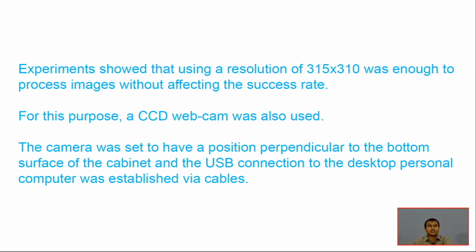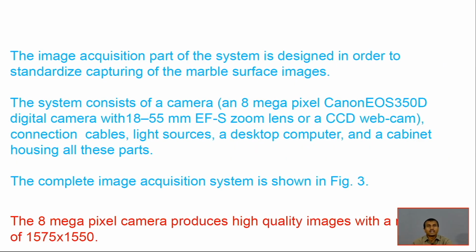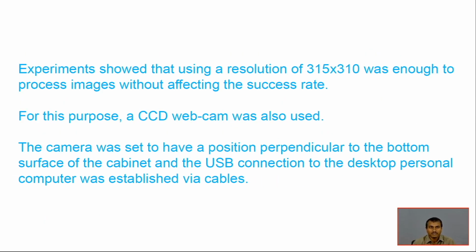Based on experiment and analysis, we found that a 315 into 3110 resolution image is sufficient for the classification of the image that we are discussing. So that is redundant information, because we can go for a low quality camera as well, and reduce the price of the whole system.